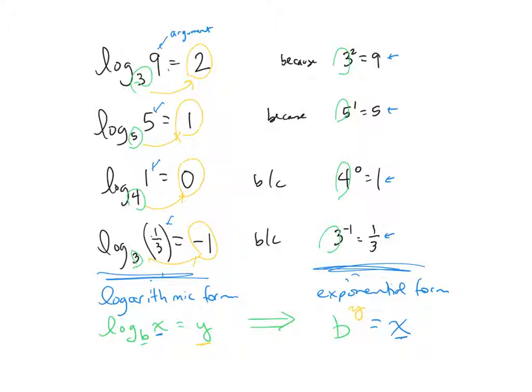So last little bit. If I want to rewrite something that was in logarithmic form into exponential form, it would be the base raised to the number on the other side, because a log is an exponent, equals the number that's inside the log, which is the argument.